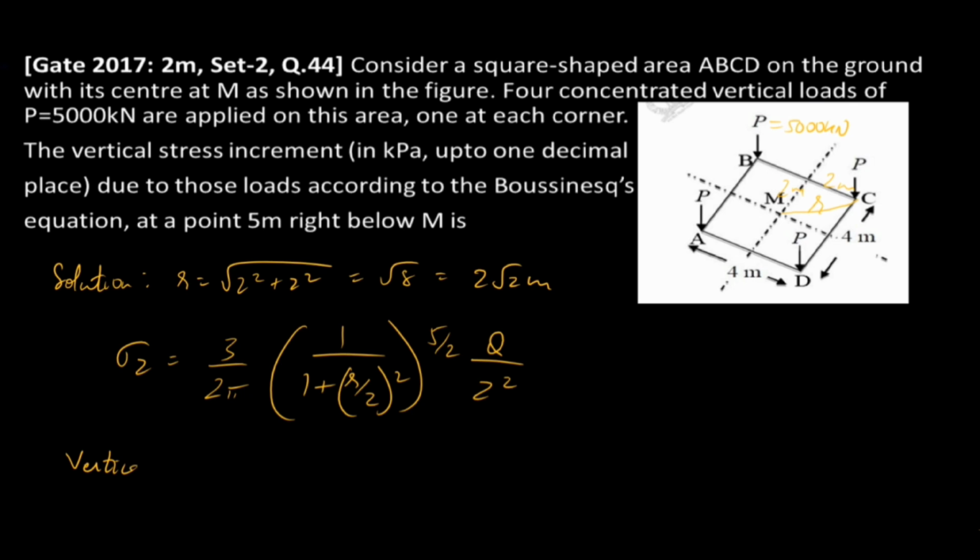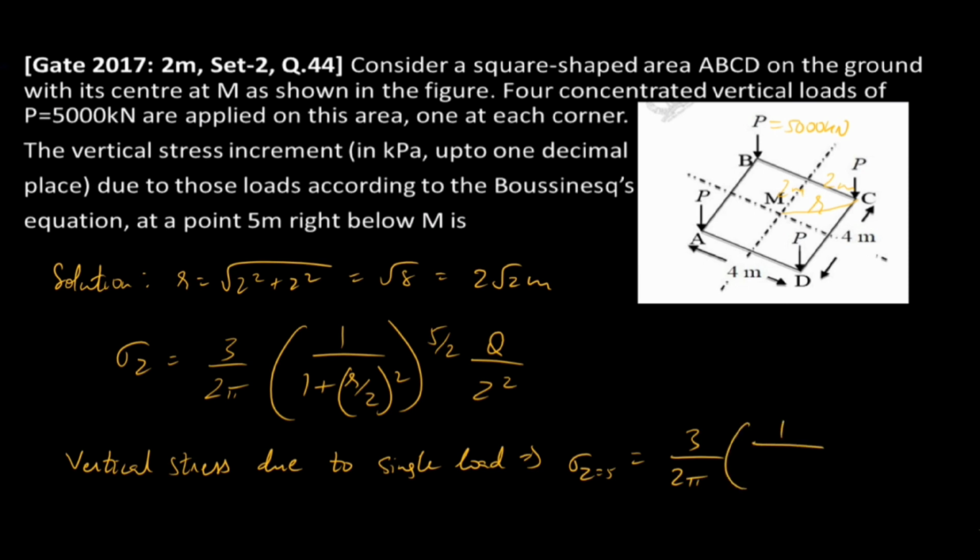So vertical stress due to single load, sigma z at 5 meters will be equal to 3 by 2 pi into 1 by 1 plus r, 2 root 2 by 5 whole square, power 5 by 2.